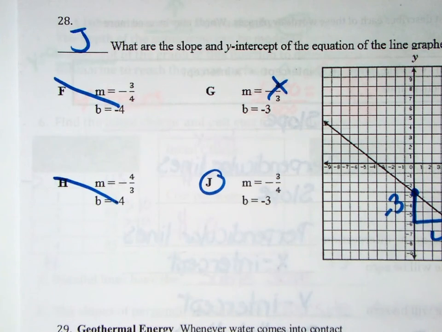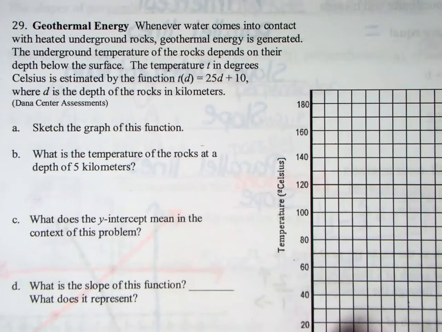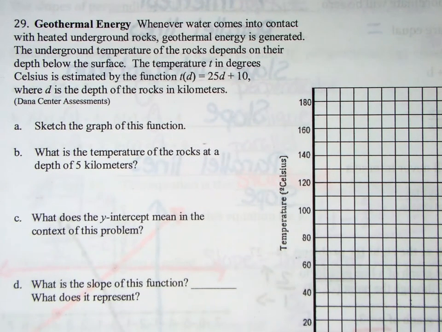Alright, you guys ready? 29, the last problem. And we get to graph it and do all kinds of fun stuff with this. So geothermal energy. Whenever water comes into contact with heated underground rocks, geothermal energy is generated.